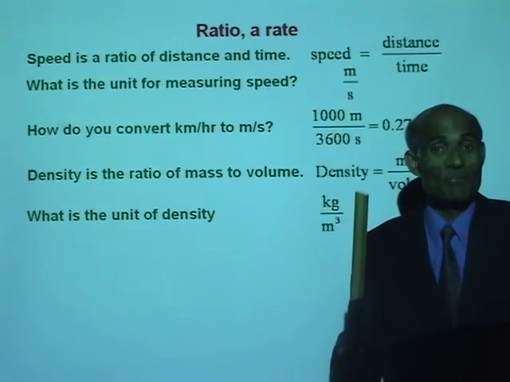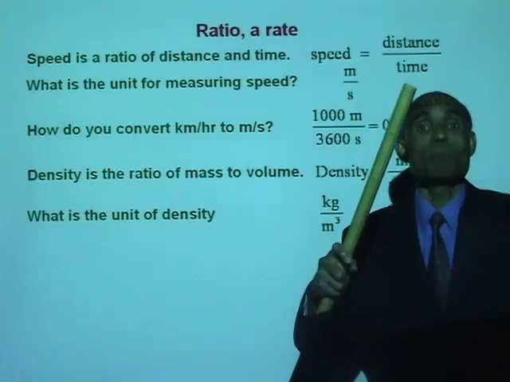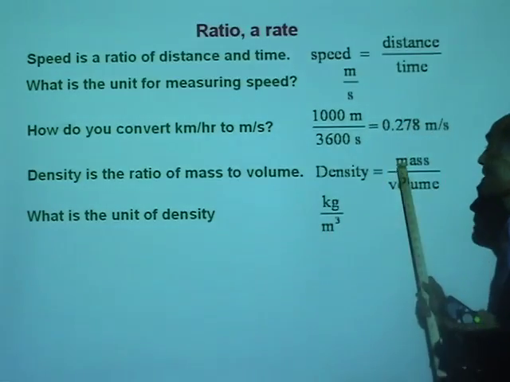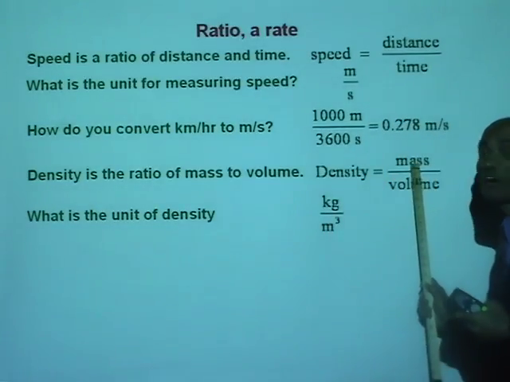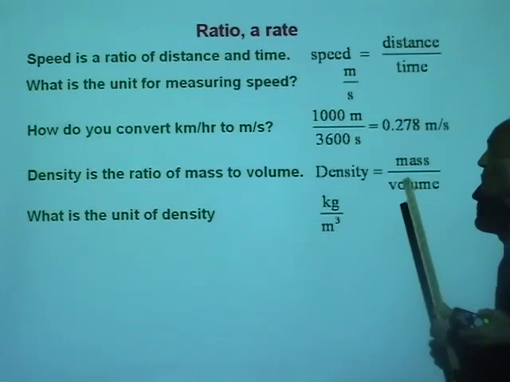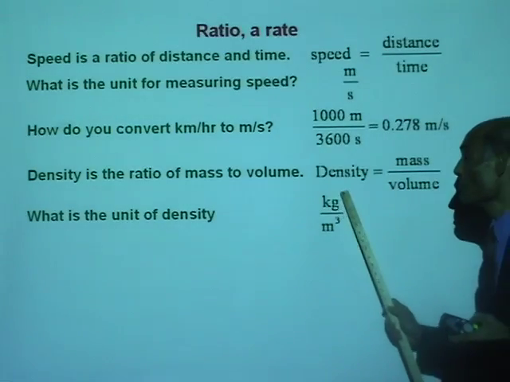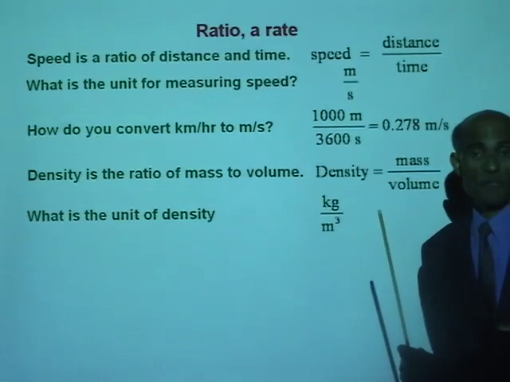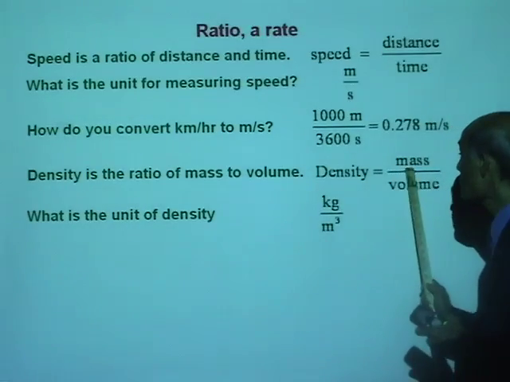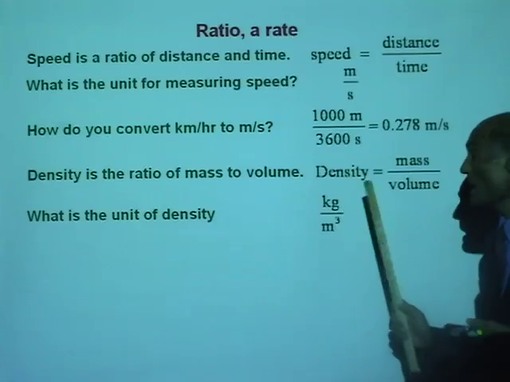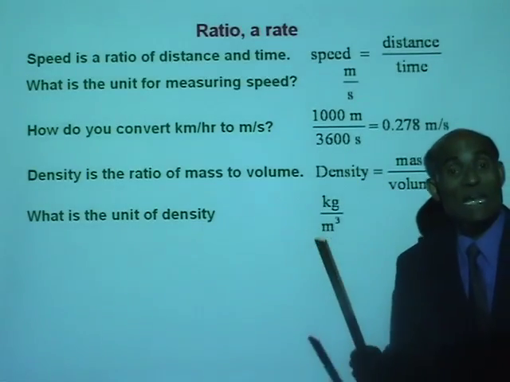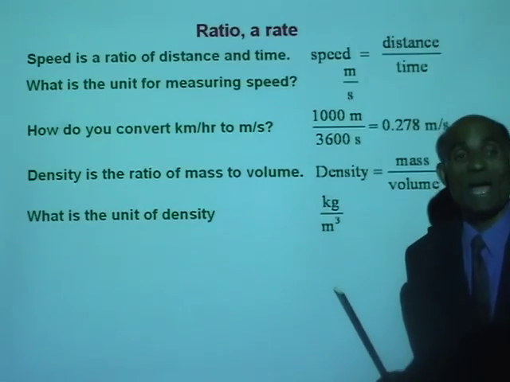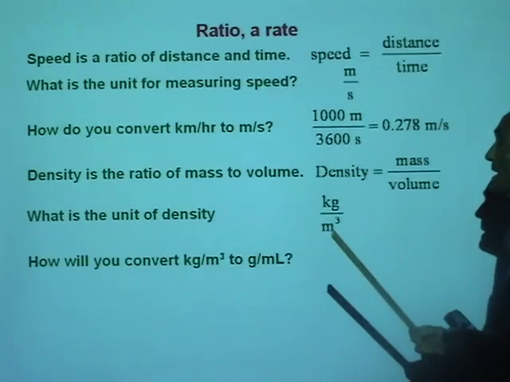It's a ratio. So density is mass per unit volume. It is calculated as mass of an object divided by its volume, and you measure it in kilogram per meter cube. You can also measure the mass in grams, is that right? And volume in milliliter, and then the unit of density will be gram per milliliter.